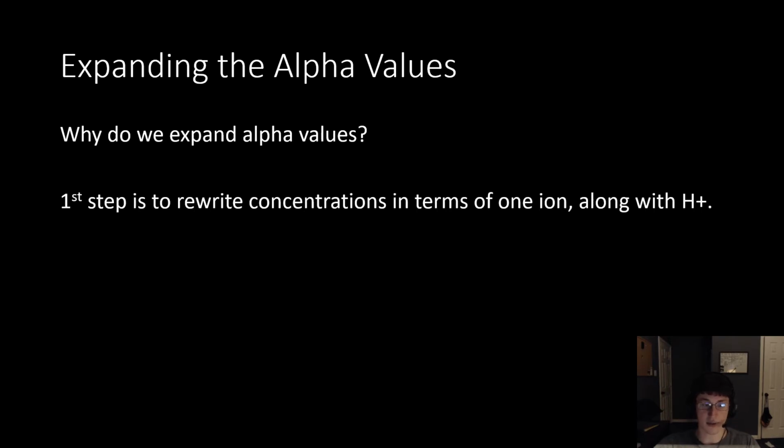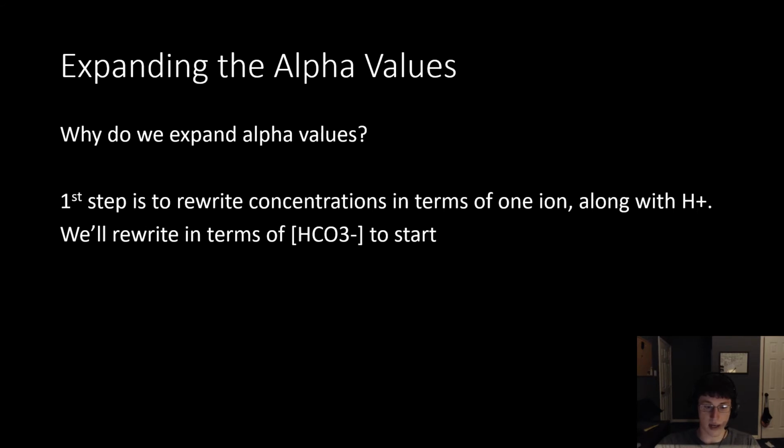And so the first step is to rewrite the concentrations in terms of one of the ions, with the ions being either bicarbonate or the carbonate ion, along with the hydronium concentration. And so we'll rewrite in terms of the bicarbonate ion to start with.